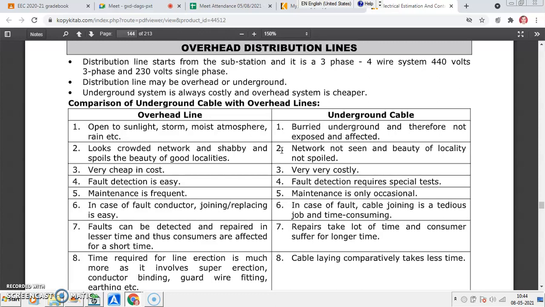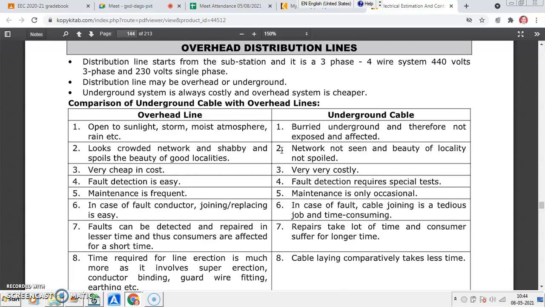So overhead means open. Underground system, especially the underground cable, is buried. So there is no exposure to the external atmosphere like sunlight, storms, moisture. Moisture is there, no doubt, but atmospheric effects like rain etc.